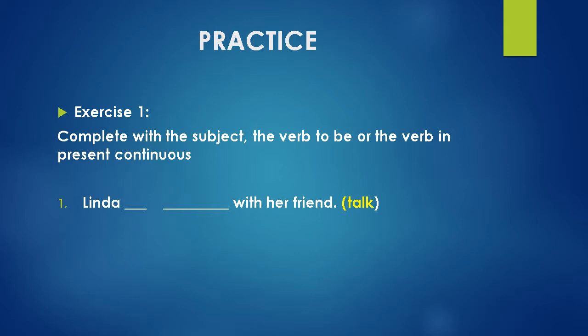Example: Linda, space for the to be verb, space for the action verb, with her friend. The verb to use is talk. The student must put the correct to be verb and the action verb with the -ing.